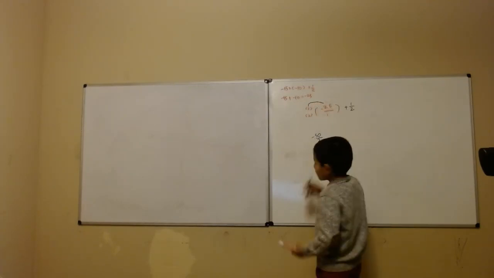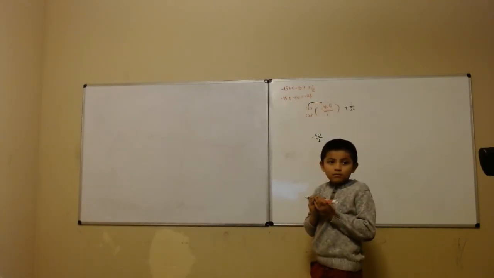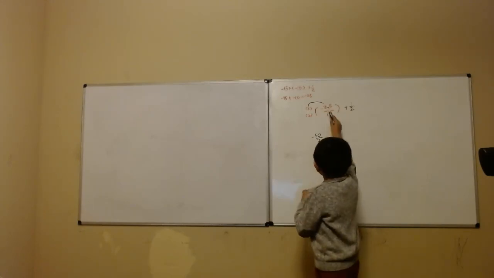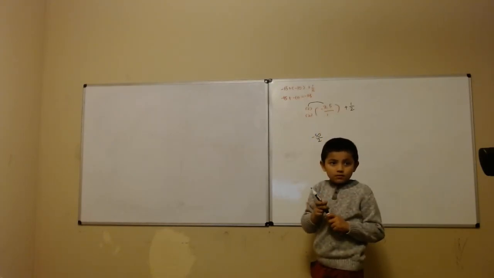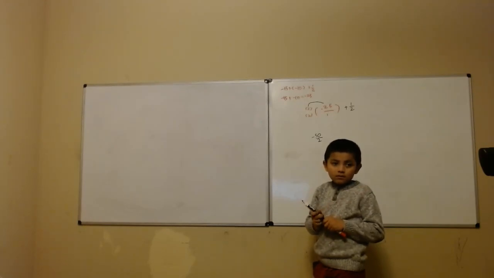Why is it negative? Because the 25 is bigger than the 2. No. You multiply, you're not adding. You're multiplying.